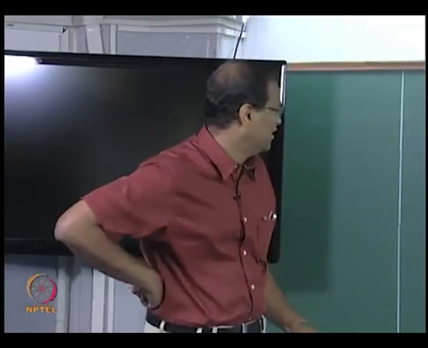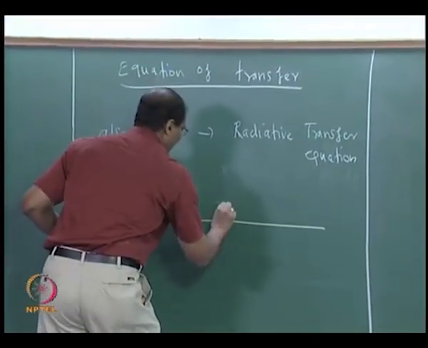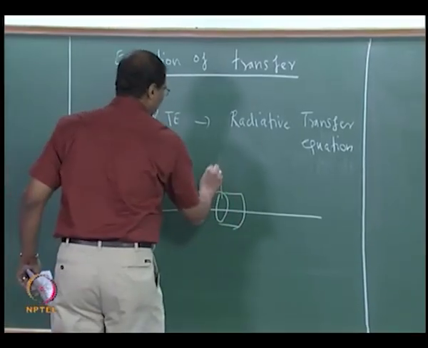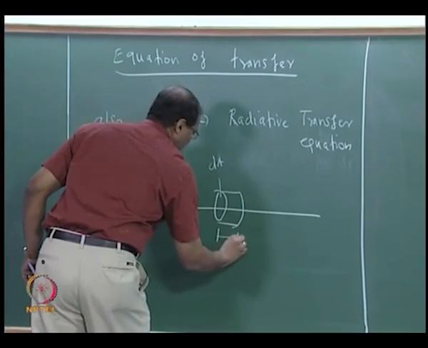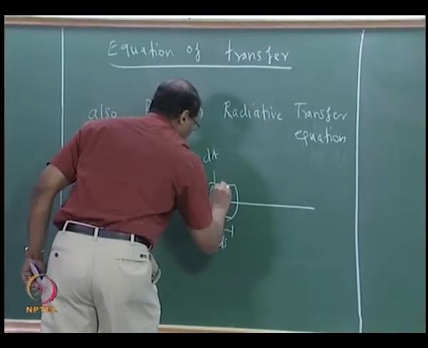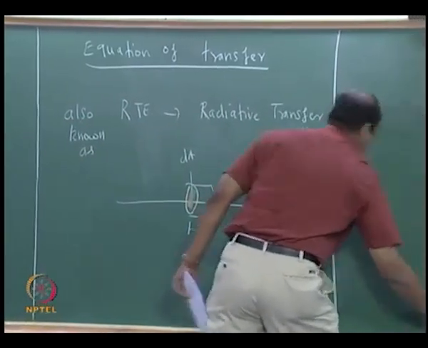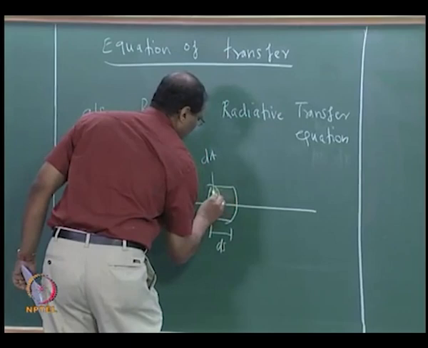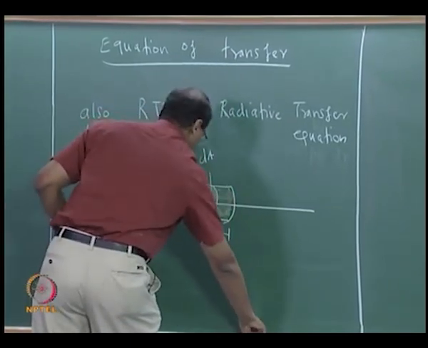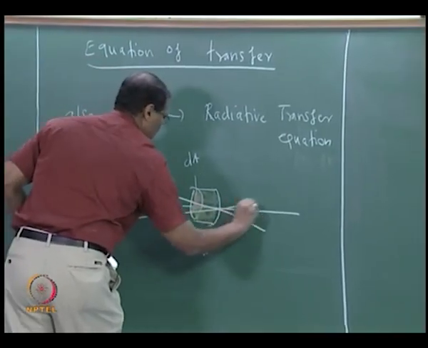Now let us consider this gas volume, cross sectional area is dA, this is ds.